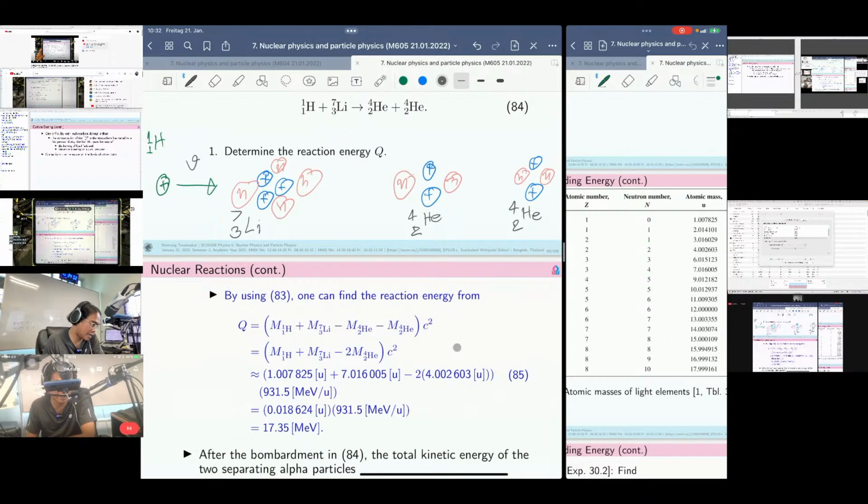So the released kinetic energy should be less than the kinetic energy at the input side. And after bombardment, the total kinetic energy of the two separate particles is greater than... I don't understand.